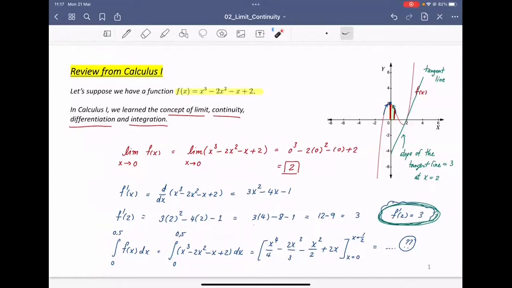So I don't want to scare you, but the content is going to be more complicated compared to Cal 1, because you are trying to generalize, you are trying to look at this problem in general when you have more than one variable x. So to keep it clean, we're going to do only 2 dimensions, x and y.